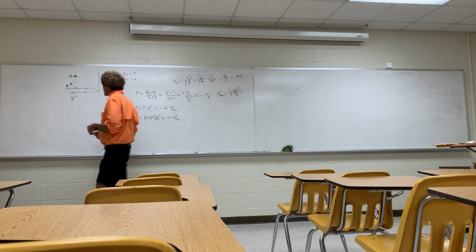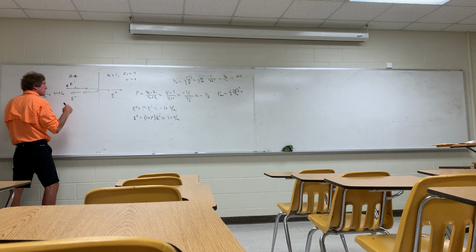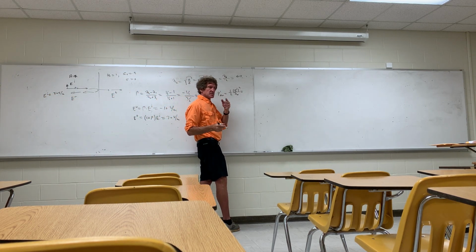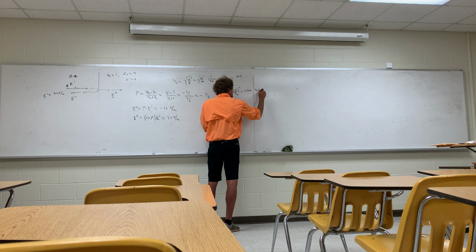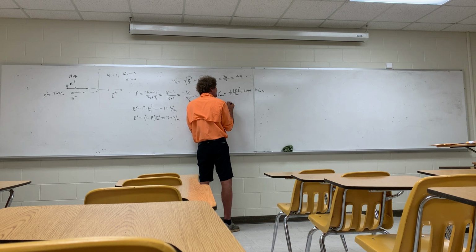I think I put that down here, but the incident field strength is 30 volts per meter. Eta naught's 120 pi. This is a straightforward calculation. Can you give that to me? 1.194 watts per meter squared.